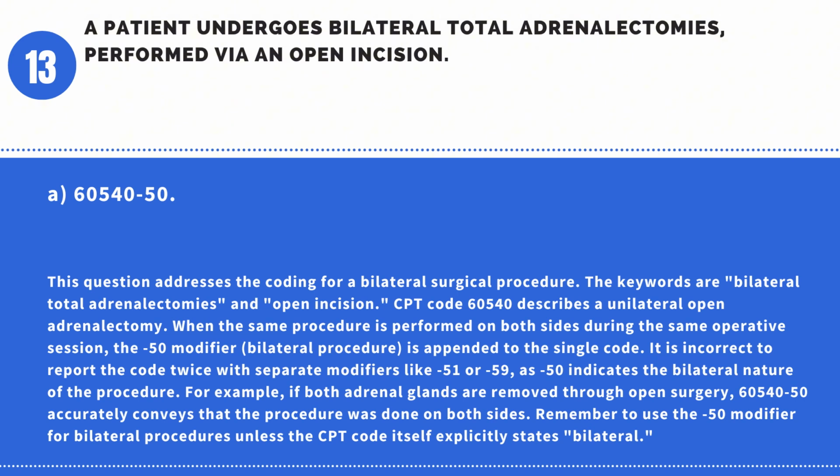It is incorrect to report the code twice with separate modifiers like -51 or -59, as -50 indicates the bilateral nature of the procedure. For example, if both adrenal glands are removed through open surgery, 60540-50 accurately conveys that the procedure was done on both sides. Remember to use the -50 modifier for bilateral procedures unless the CPT code itself explicitly states bilateral.